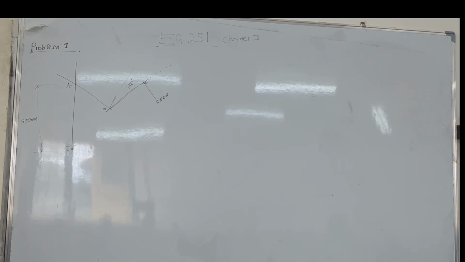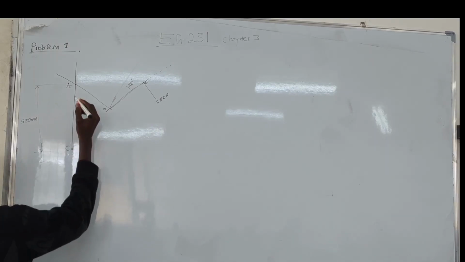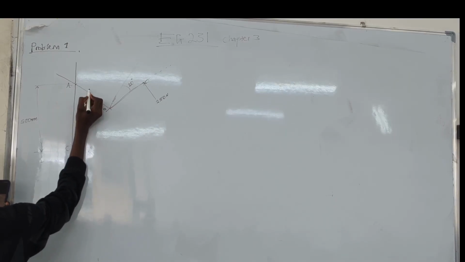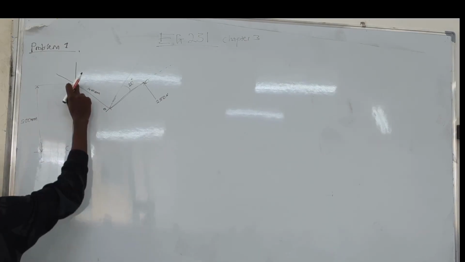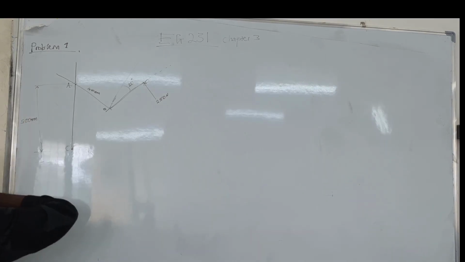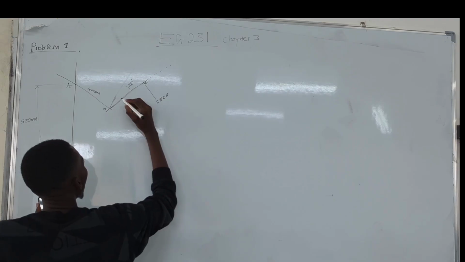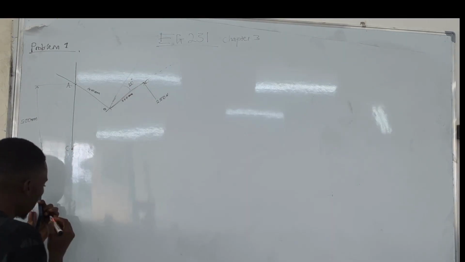For this case, the distance AB is 400 millimeter, the distance from O to A is 500 millimeter, and another distance is 300 millimeter.